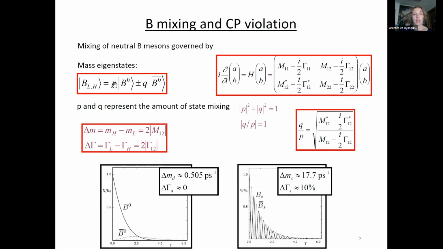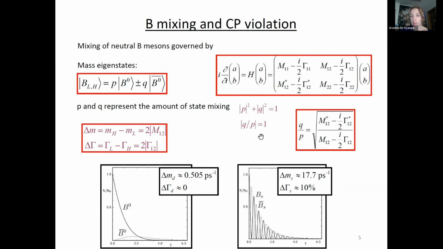The mixing of the neutral mesons, in the case of the B meson, is in fact described by general formulas, but this is just for B's because it is there. It is governed by this equation, which I think you know as the Schrödinger equation. Then you have this mixing, where the light and heavy mesons can be expressed in terms of the B0 and anti-B0 states, and P and Q represent the amount of state mixing.